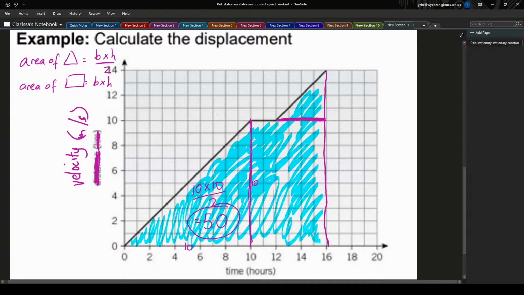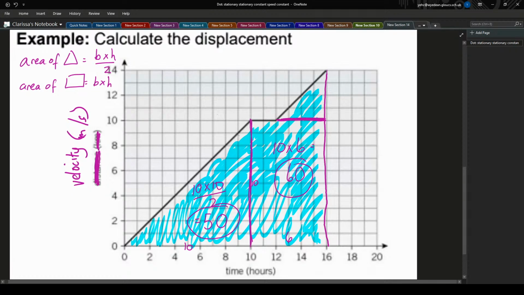I'm gonna do my rectangle first. Base times height. So the height I already got was 10. Now the base is from 10 to 16, so my base is 6. Base times height, 10 times 6 is 60. So that's my area of that rectangle there. Now, my triangle.